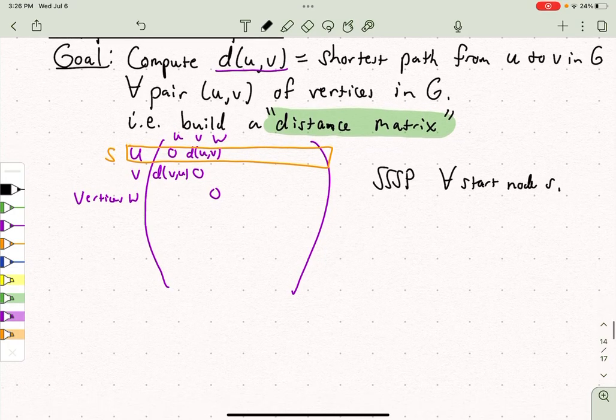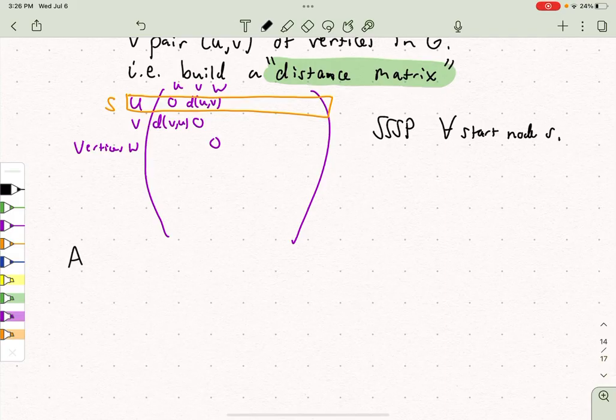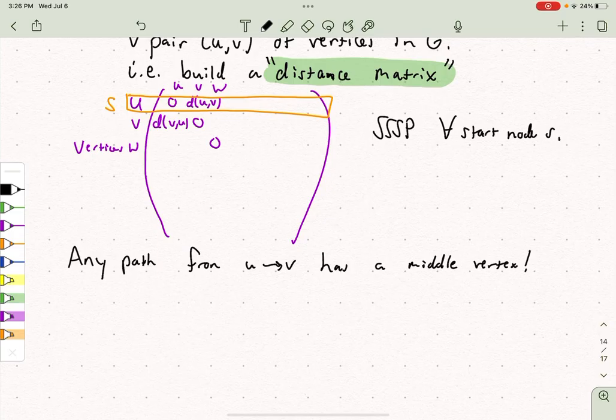So the key insight is any path from u to v has a middle vertex. Before we used the fact that any path from u to v has a last edge, and now we're going to use this different characterization.